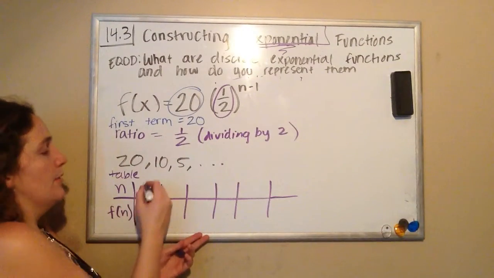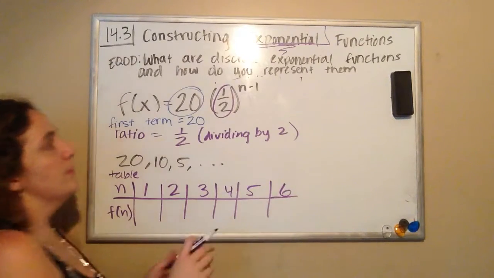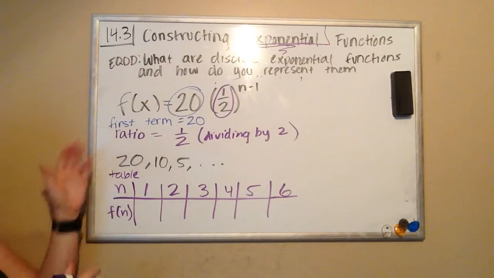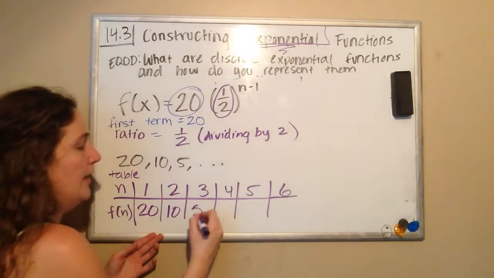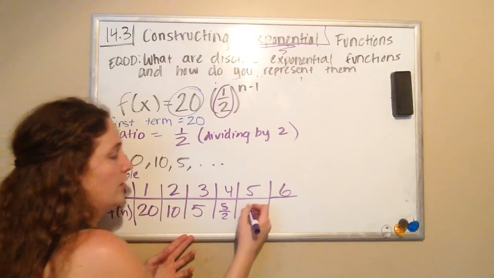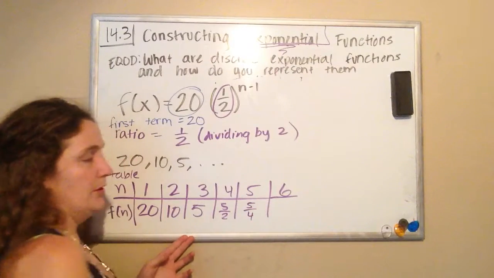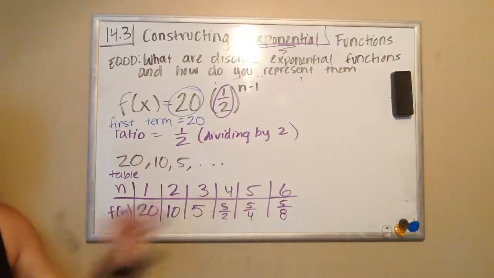So our inputs, we have our first term, second term, third term, fourth term, fifth term, and sixth term. Our outputs are 20, 10, 5, 5 over 2, or 2.5, 5 over 4, 1.25, and 5 over 8. Okay, those are our tables.